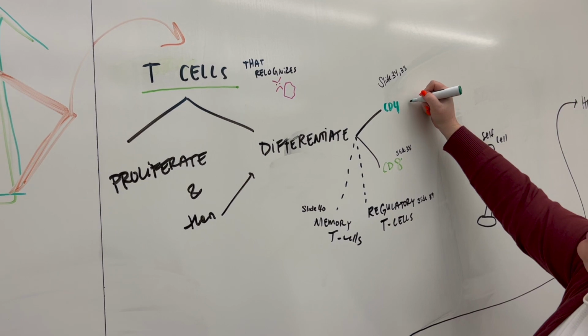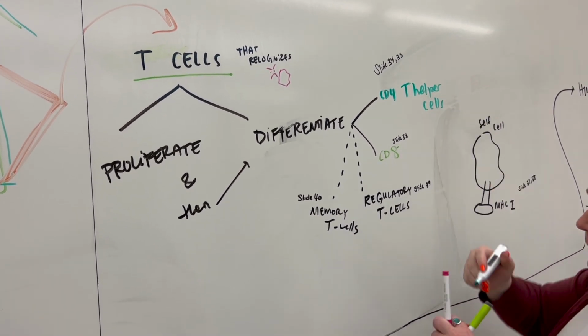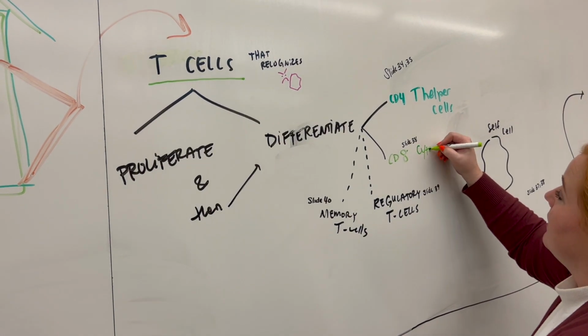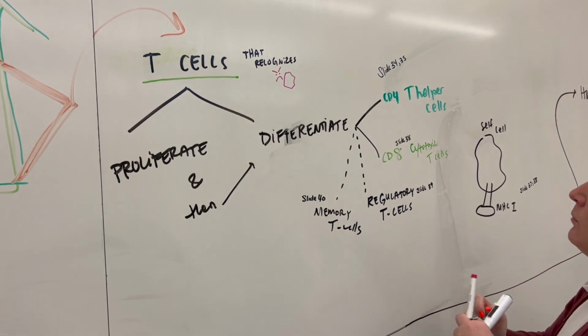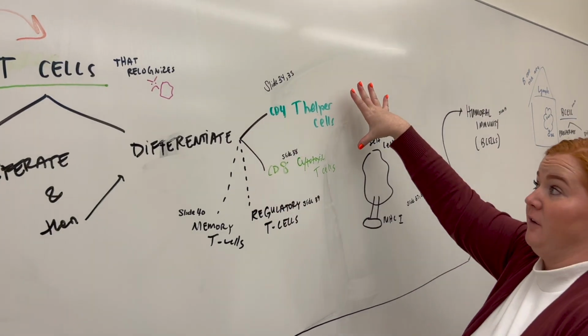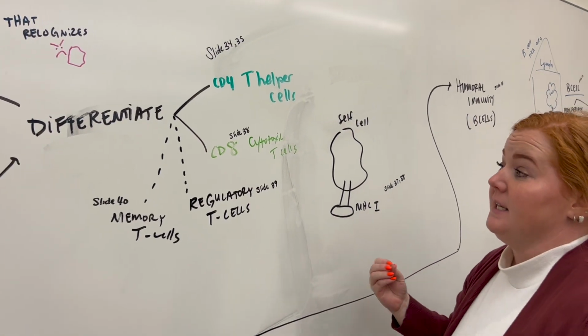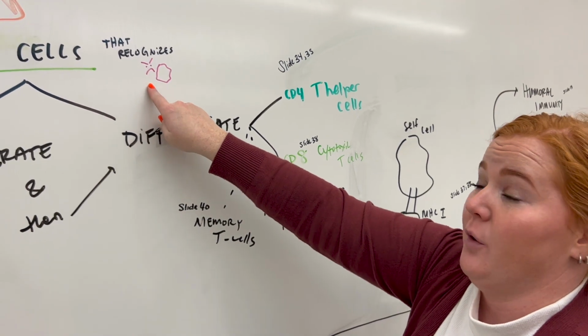We're gonna call these T helper cells. We're gonna call CD8 cytotoxic T cells. So after we've differentiated, now we have these even more specialized T cells that are specialized to our angry pink pathogen.